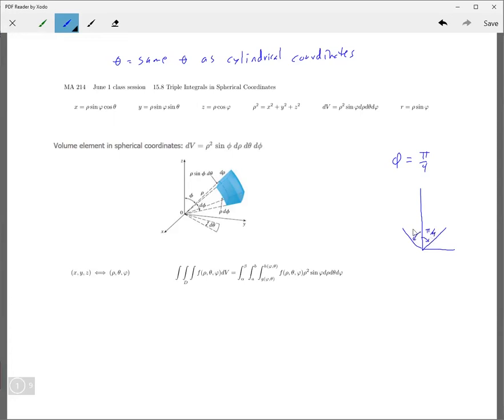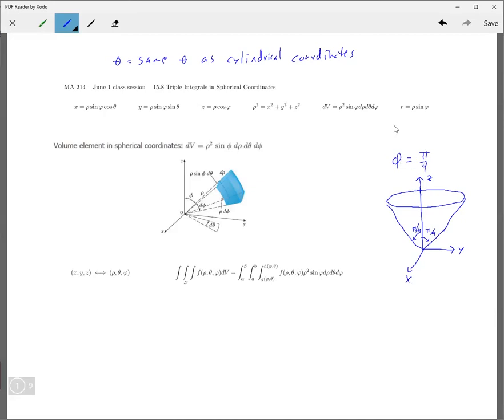Going down this way is also pi over 4, so it's going to be a cone where the angles on all sides are pi over 4. That alone is just going to be a cone. I'm just pointing that out.